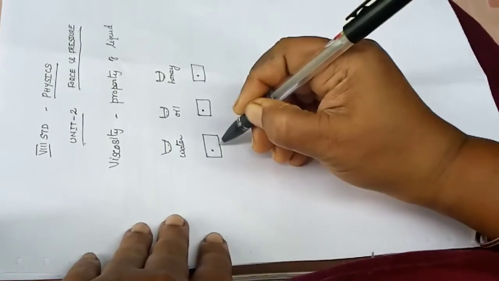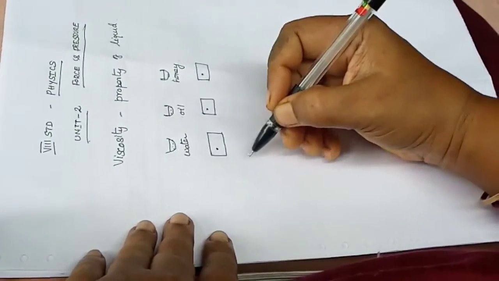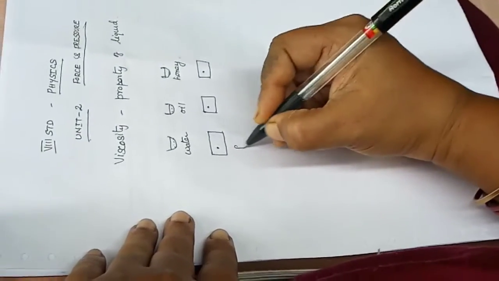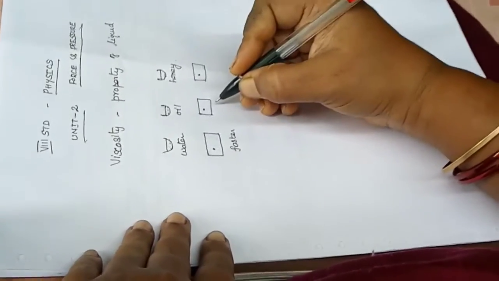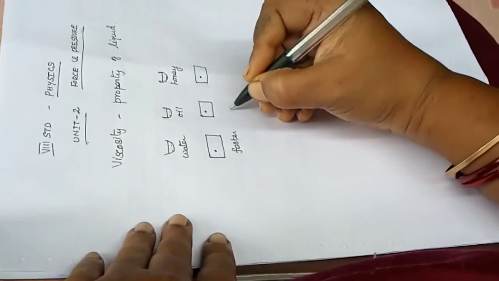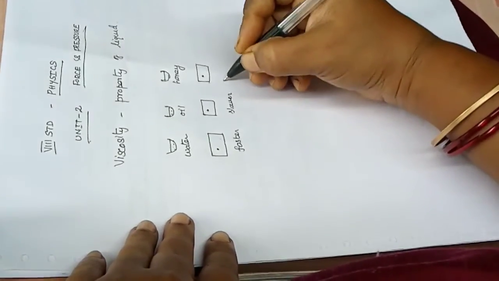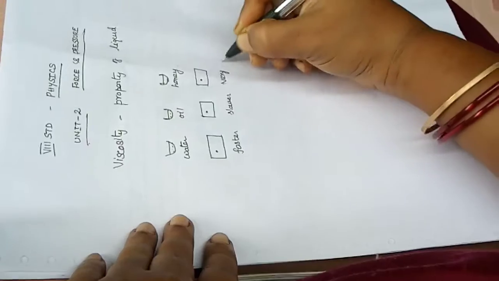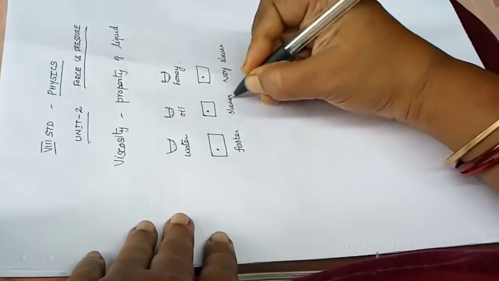When you slide, find out which one moves faster. Water falls very fast. Oil becomes somewhat slower. Honey is very slow.